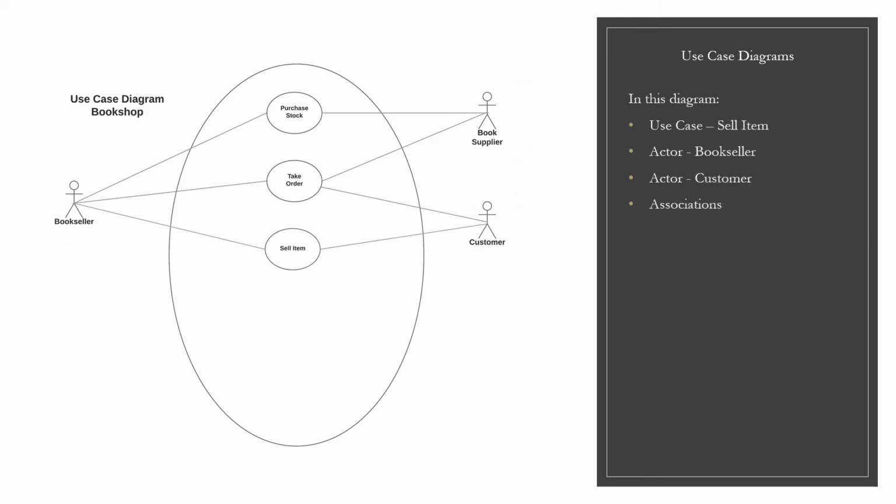Another use case is where the customer walks into the shop, chooses a book and buys it there and then from the bookseller. This can be represented with another use case on the diagram labelled sell item, with associations to the customer and the bookseller.